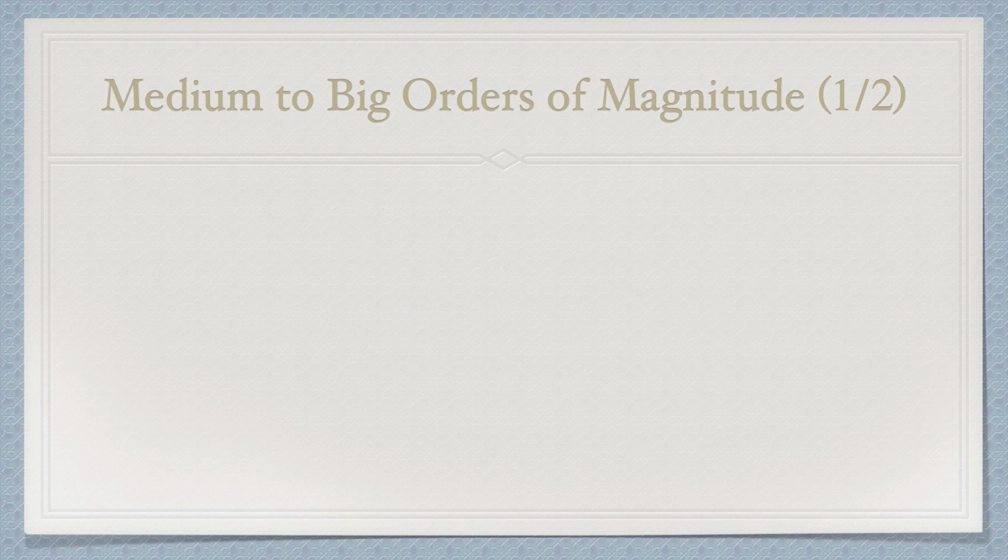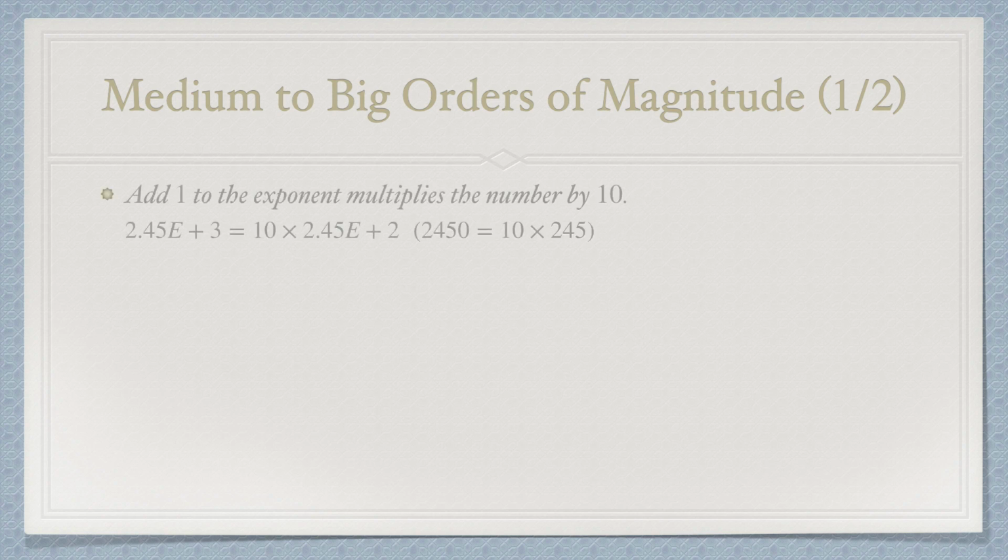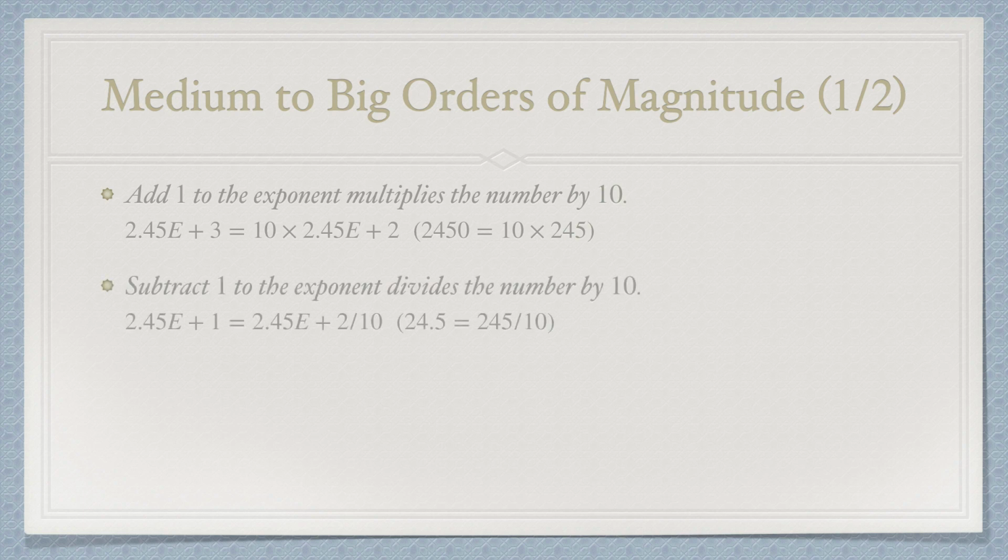Exponential notation with positive exponent deals with medium to big orders of magnitude. This is because adding 1 to the exponent multiplies the number by 10. For instance, 2.45e+3 is 10 times 2.45e+2. Subtracting 1 from the exponent divides the number by 10.